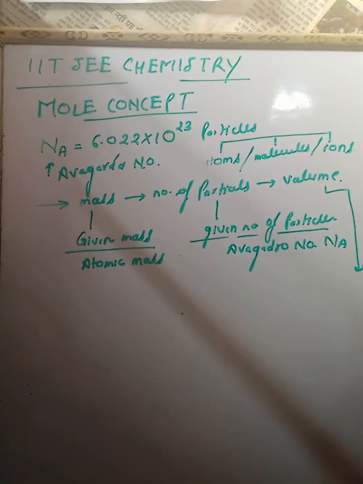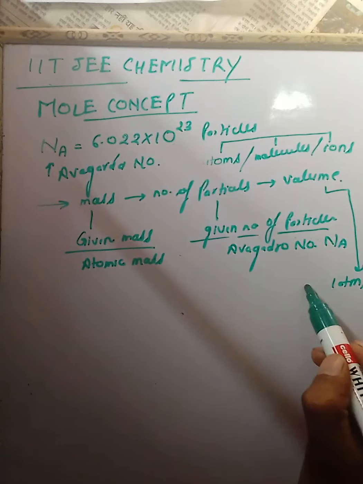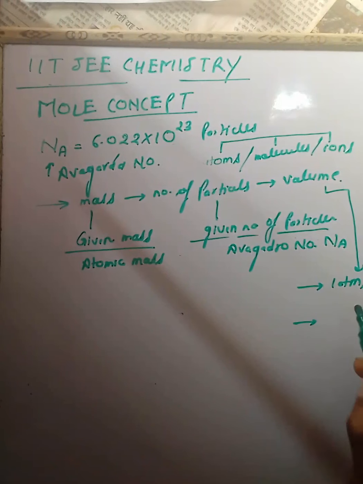And lastly, if you want to calculate the number of moles from the volume, then at 1 atmosphere and 273 Kelvin, the volume we use is 22.4 liters, and the other is 1 bar and 273 Kelvin, where the volume will be 22.7 liters.